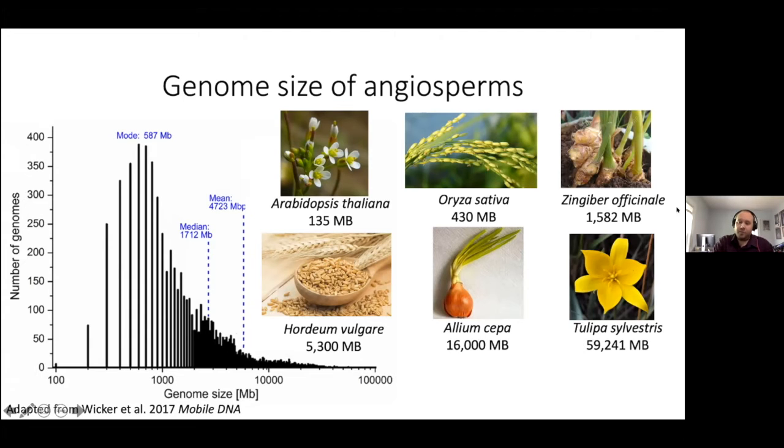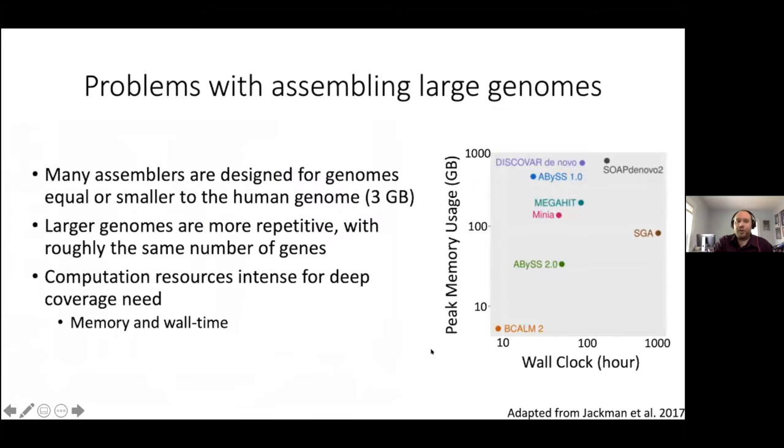Now, some of these genomes can be quite big, and so that can be a problem. Some assemblers were originally designed for the human genome or smaller, which is good for some systems, but for some of these crop plants, barley, rye, wheat, where you're talking 5, 10, 20 gigabases, it just doesn't work.